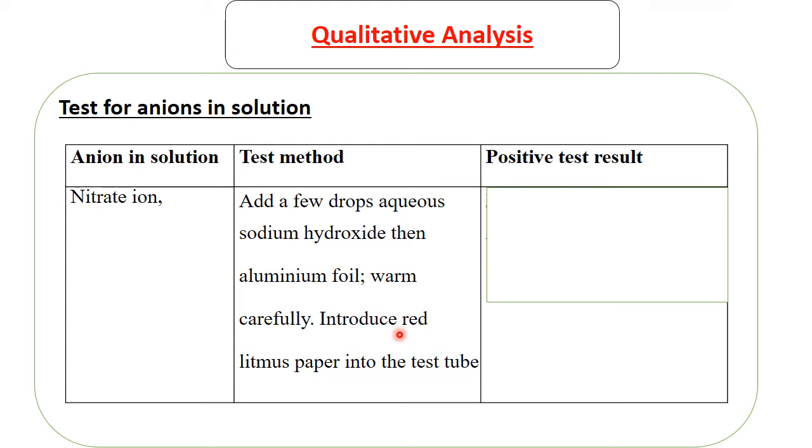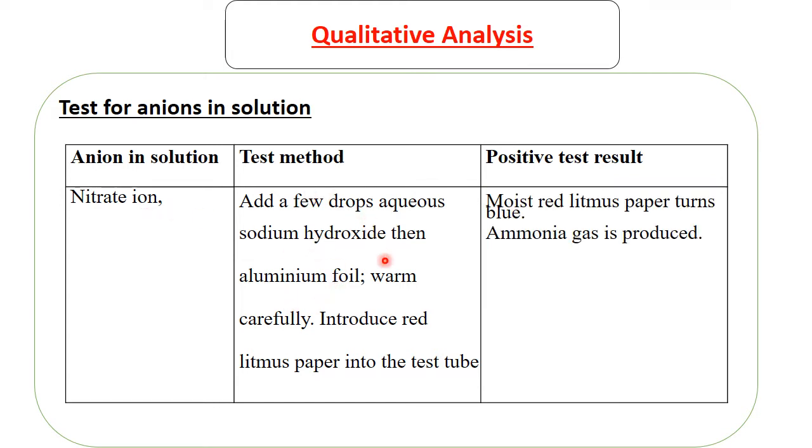Remember the indicator, red litmus paper. You introduce the moist red litmus paper into the test tube, where you're expecting the nitrate ions to be, and where you have added these. What's going to happen is it will turn the moist red litmus paper blue.